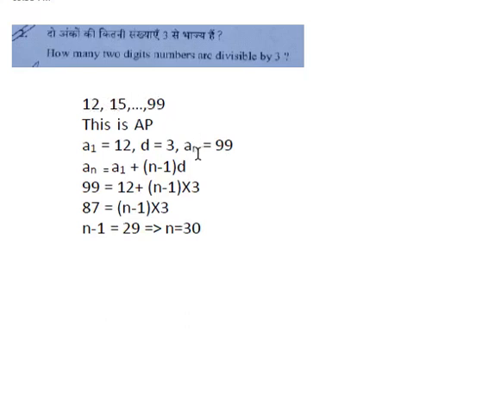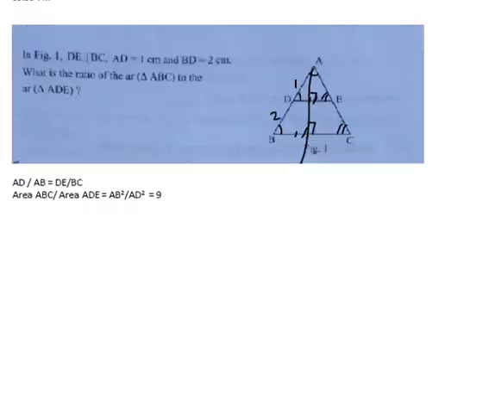We have to find the n. So we know that the formula is an equals a1 plus n minus 1 d. We put in the values of a1, d, and an, and we get the n. So we see here that n is 30. So there are 30 two-digit numbers which are divisible by 3.